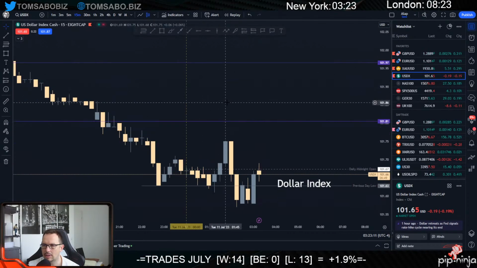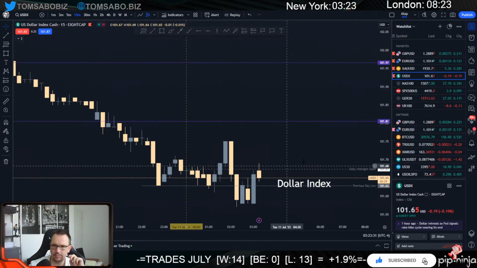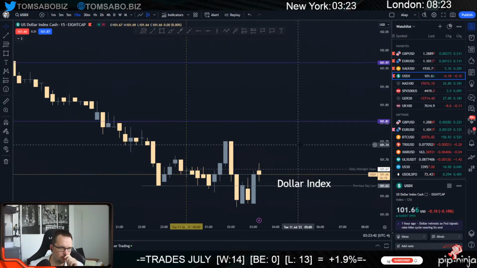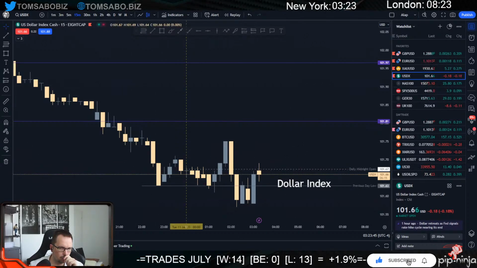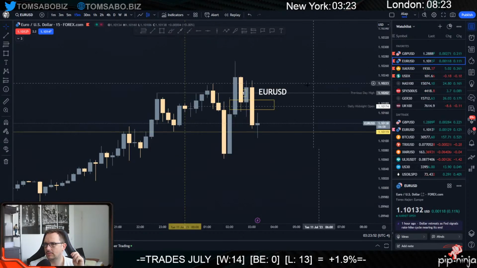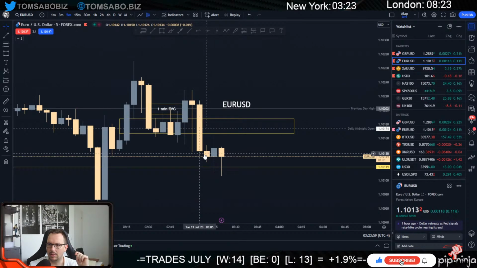Let's look at dollar index. At least this candle right here traded below this 5 minute.